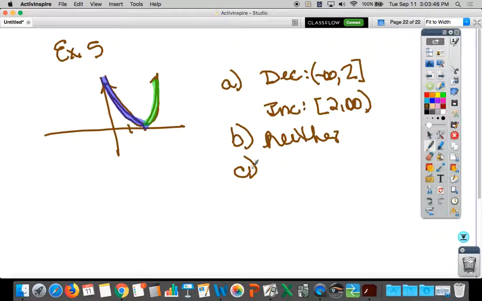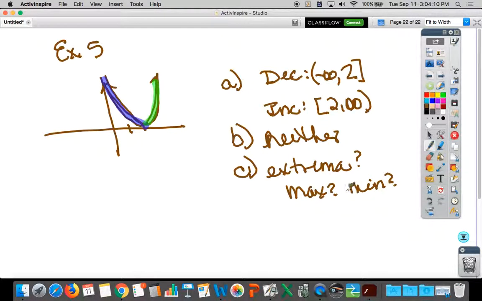And C. Does the function have any extrema? What did we talk about extrema? We've talked about this before. What does extrema mean? Extremes, okay. What would be extremes? Maxes or mins?